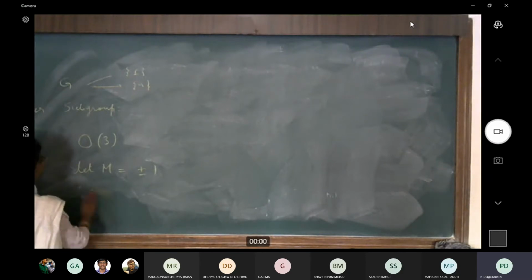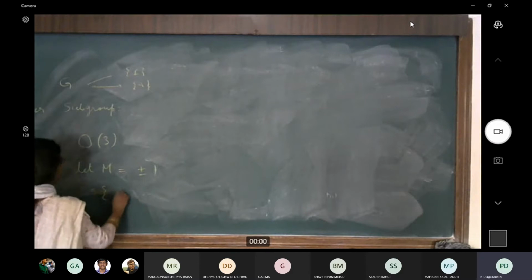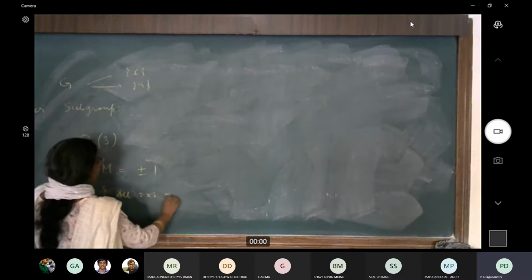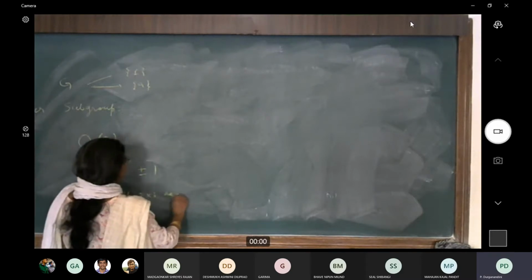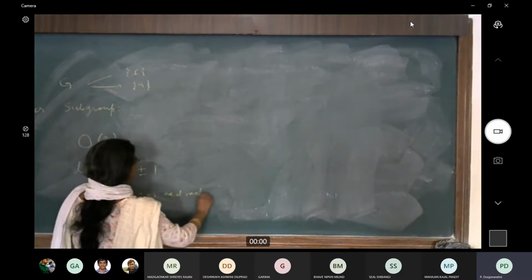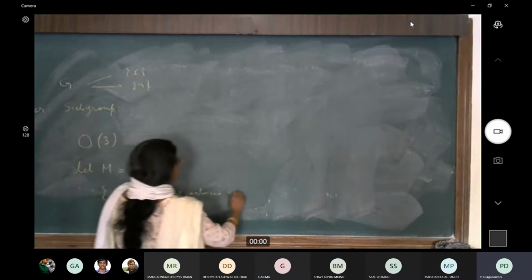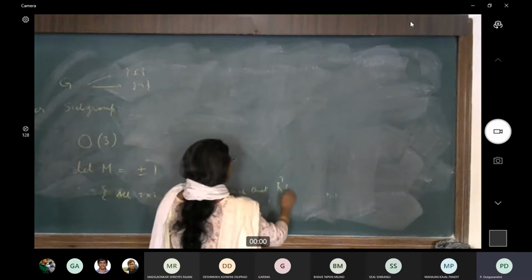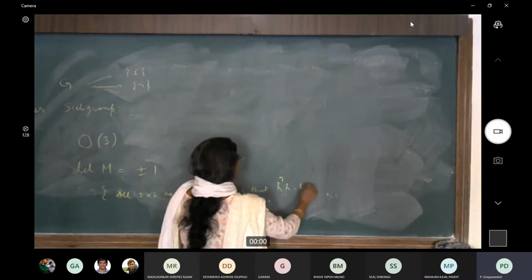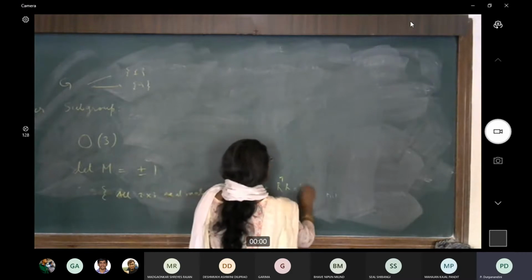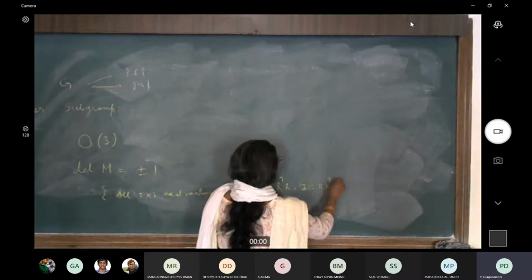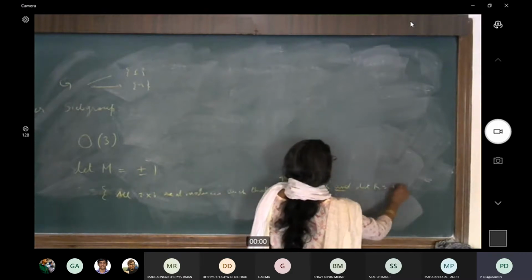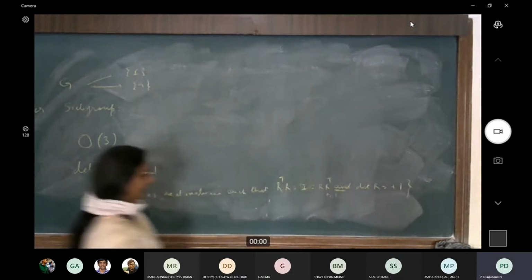the set of all R, all 3 by 3 real matrices, such that R transpose R equals I equals R R transpose, and the determinant of R equals plus 1.